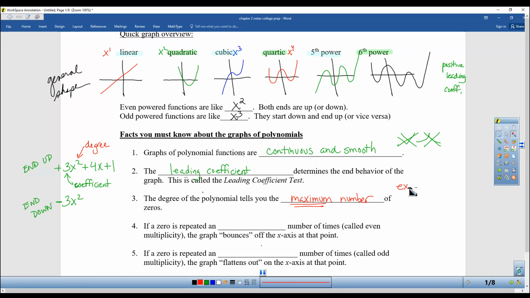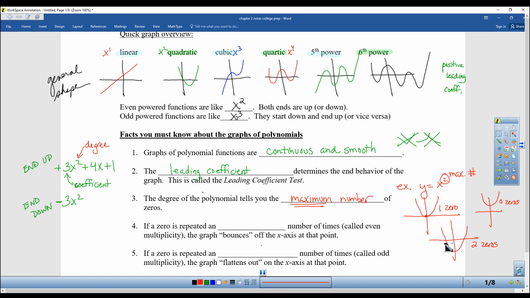For example, if you have y is equal to x squared as a parent graph, that only has 1 zero, even though it's squared. But it could have 2 if somebody were to move it down. It also could have no zeros: 0 zeros, 1 zero, 2 zeros. So this exponent tells you the maximum number, not how many there are, the maximum number.